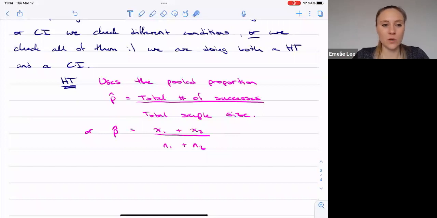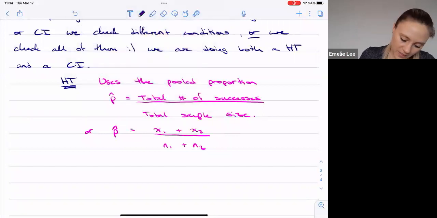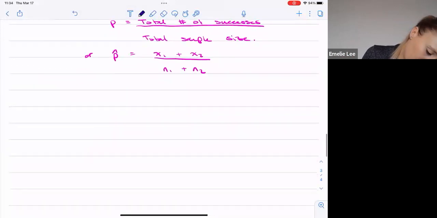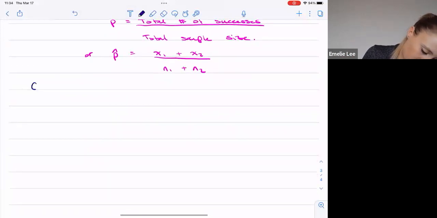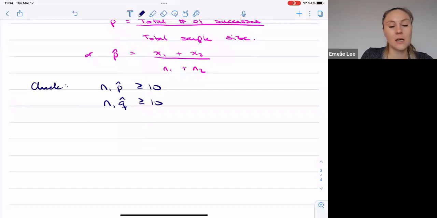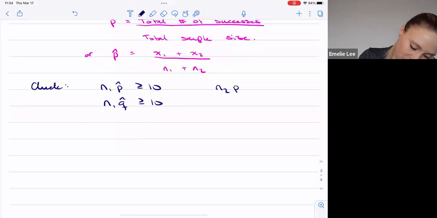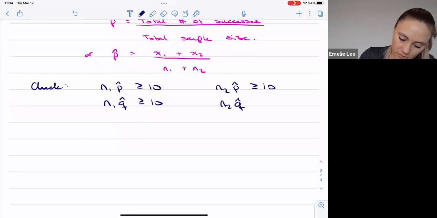Okay. And so what we check, if we're doing a hypothesis test, is that n1 p hat is greater than or equal to 10 and n1 q hat is greater than or equal to 10. And n2 also has to satisfy that criteria: n2 p hat and n2 q hat.